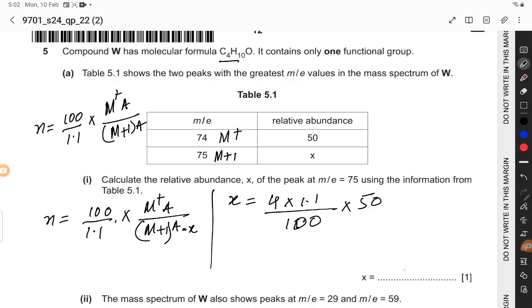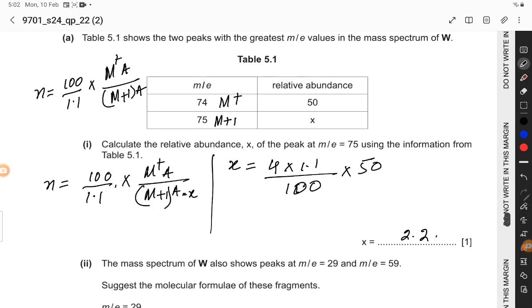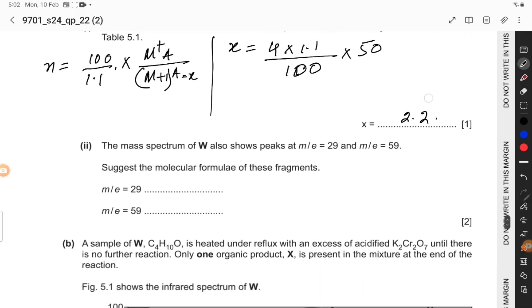So X is equal to 2.2. So this is the abundance of X, 2.2.